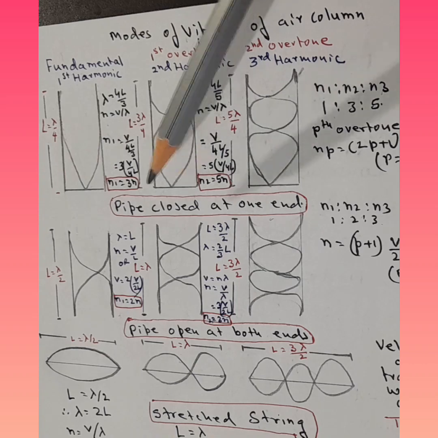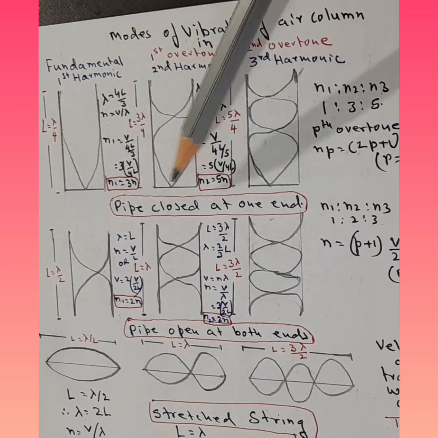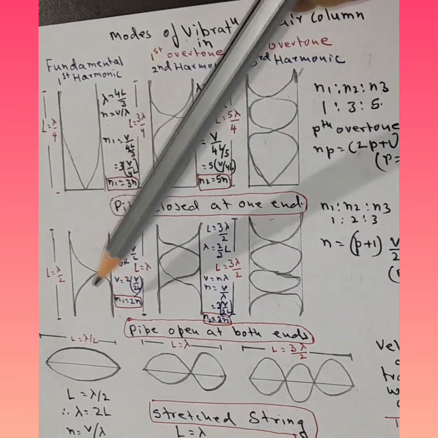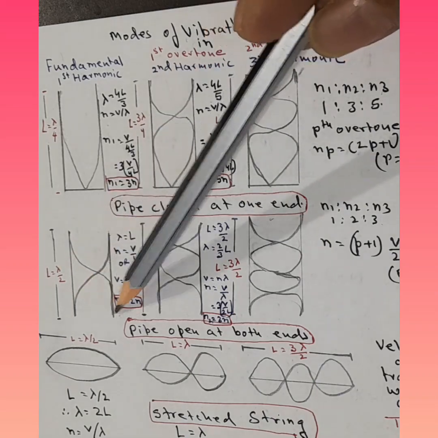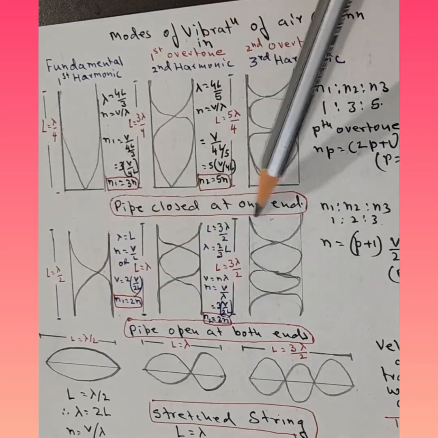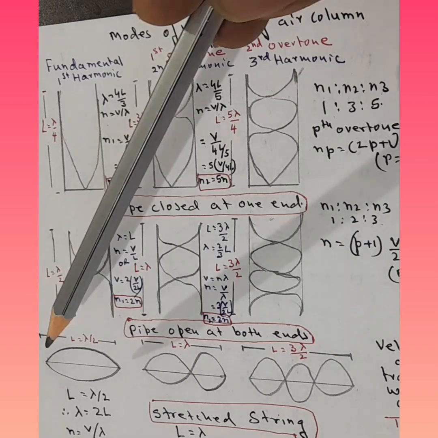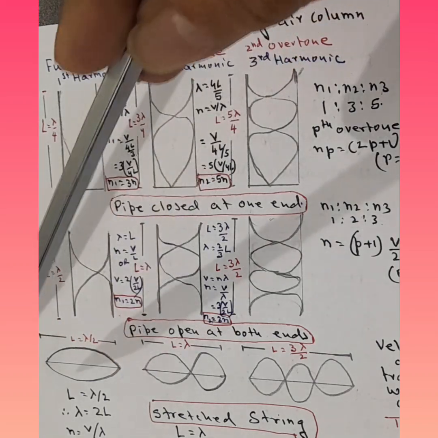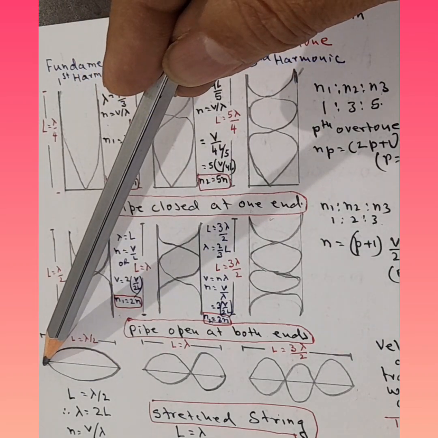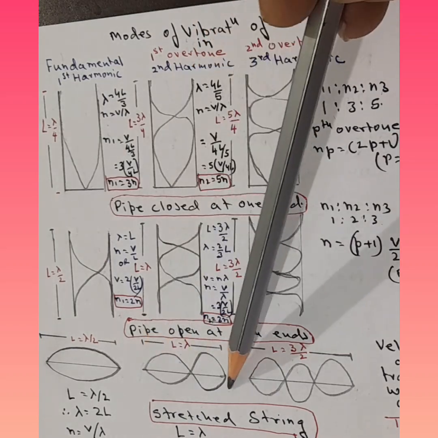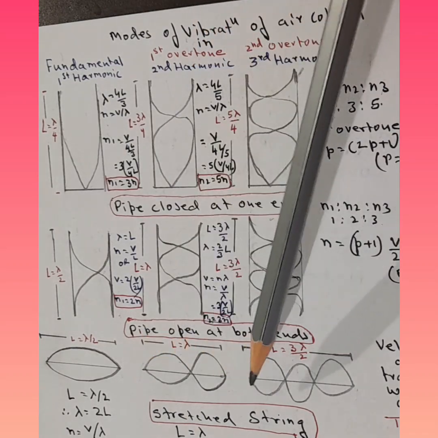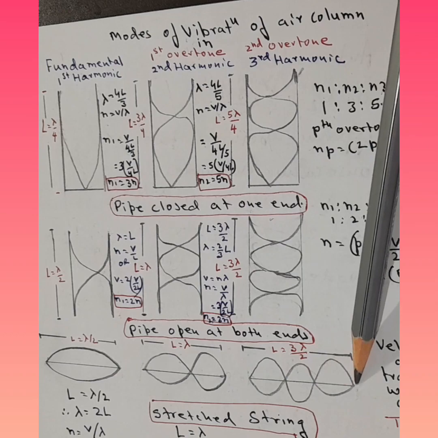Closed end, closed end, closed end, all nodes. Here we have both open ends, so antinode, antinode. Here in case of the string, since it is tied over here, it is a node, and again it is tied over here, so it is a node.